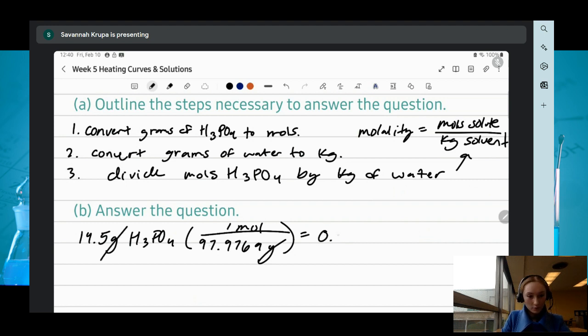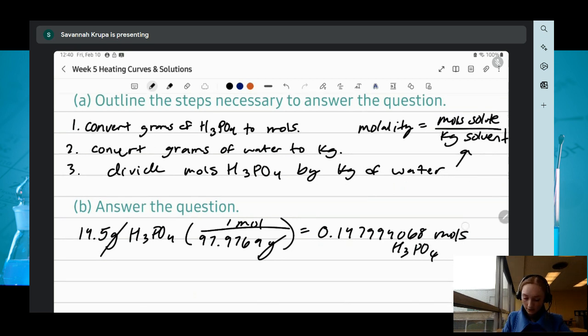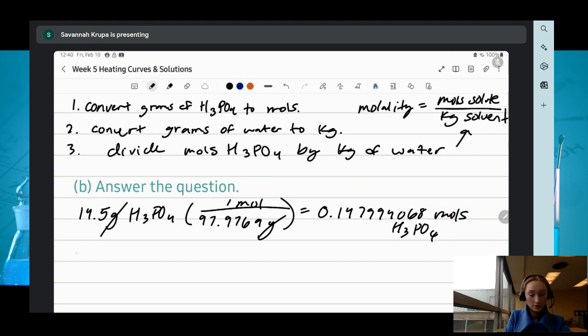And we will have 1.4799468 moles of H3PO4. And then the grams to kilograms of water, we started out with 125. And there are 1,000 grams for every 1 kilogram. And so we'll be left with kilograms as well. And we will have 0.125 kilograms of water.